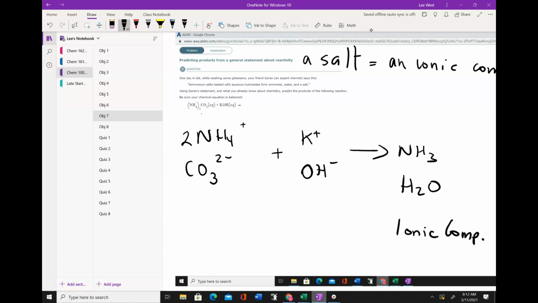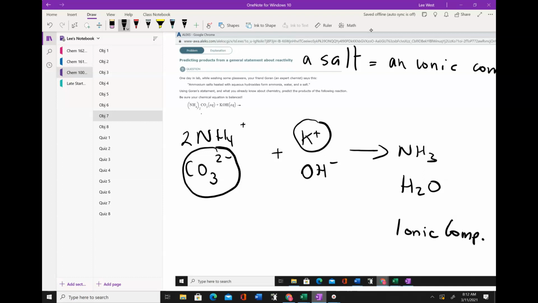And so this is going to go on and form ammonia, which we know the formula for is NH3, and water, and we know the formula for water is H2O, and also an ionic compound. So we have to figure out what ionic compound is going to form. Hopefully you can see it is going to form between those ions.